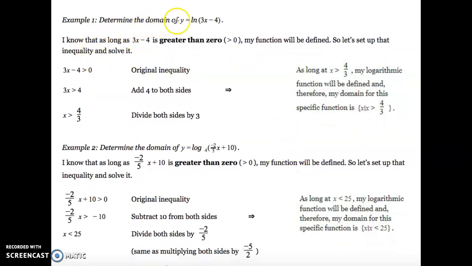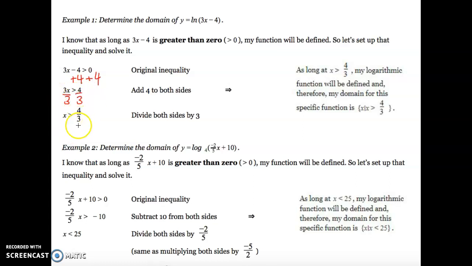For example, if I wanted to determine the domain of the natural log of 3x minus 4, I know that as long as whatever's inside my parentheses is greater than 0, my function will be defined. So we're going to set up that inequality and then solve it. I'm going to take what's in my parentheses, 3x minus 4, make it greater than 0, and then start solving. Add 4 to both sides, so plus 4 here, plus 4 here. I'll end up with this equation, and then divide both sides by 3.